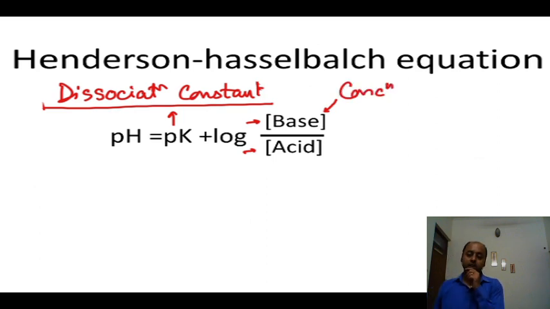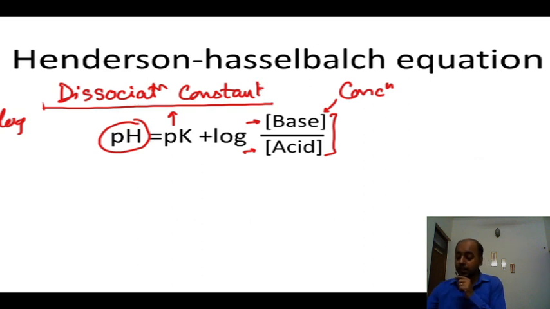For the ratio of base upon acid, we take the log value, because if you recall, pH itself is a log value, the negative log of H plus concentration. So here also, to keep the values on a similar scale, you have to take the log of the concentration ratio. So the Henderson-Hasselbalch equation tells us that the pH in a system will typically be the pK plus the log of the concentration of base over acid.